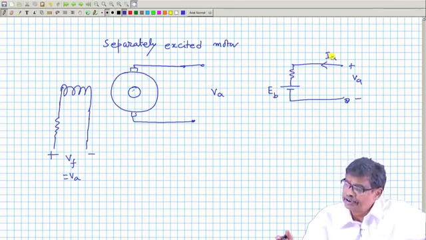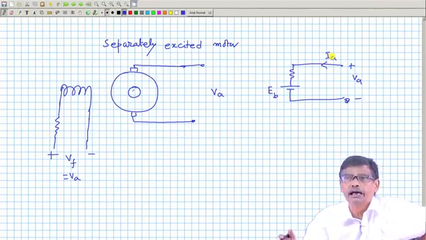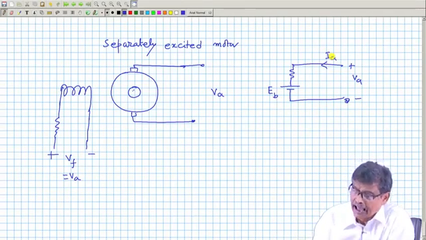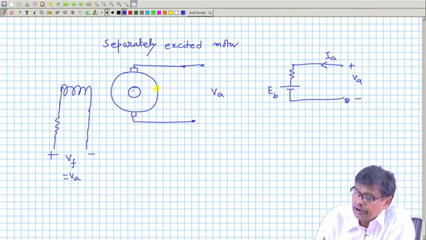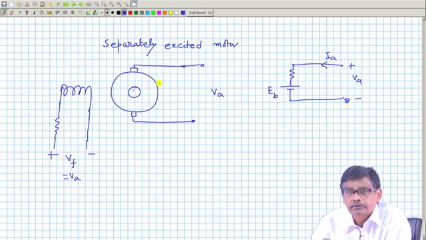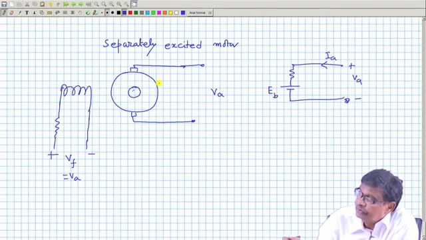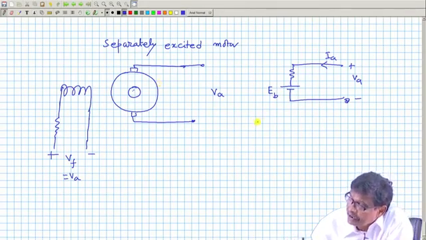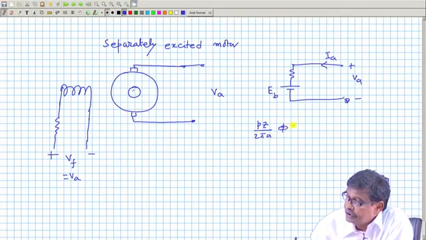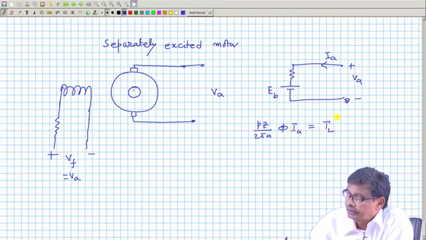Now, the question is finally where it will decay down and settle. The answer to this is very simple. The machine will finally settle down to such a speed that enough current will be drawn from the armature supply, which will make Pz by 2 pi a into phi into Ia equal to the load torque.